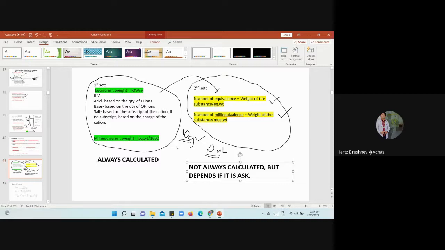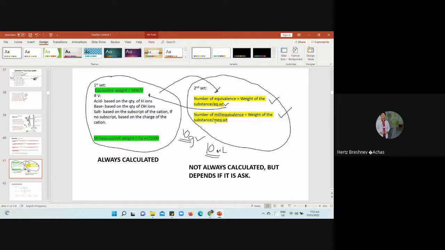And always remember, you cannot proceed to the second set without performing the first set, because a portion of the second set needs the answer coming from set 1. Observe the formula: weight of the substance divided by equivalent weight. And how are you going to calculate the equivalent weight? Using this formula.